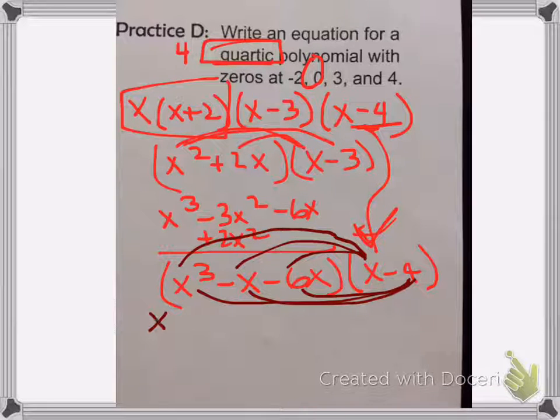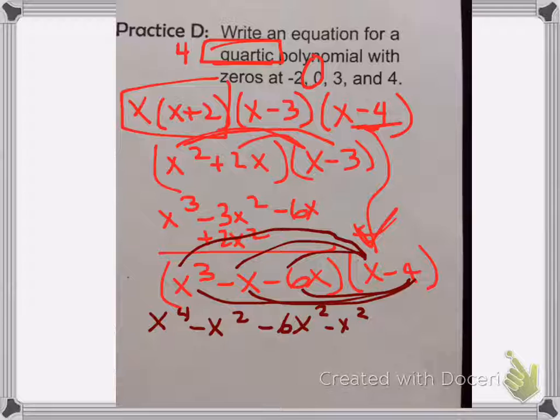So you're going to get x to the 4th from the x times the x cubed. And then minus x squared. And then minus 6x squared. And then we're going to have minus x squared again. So I'm on the 4.